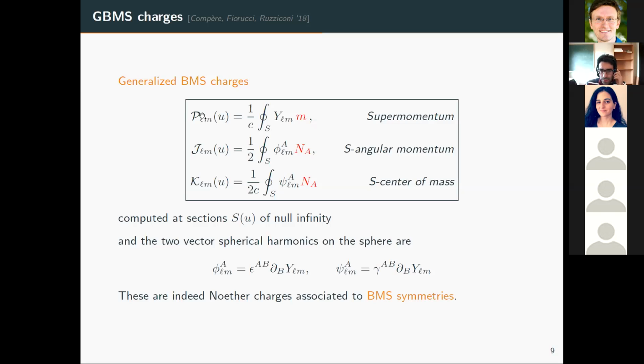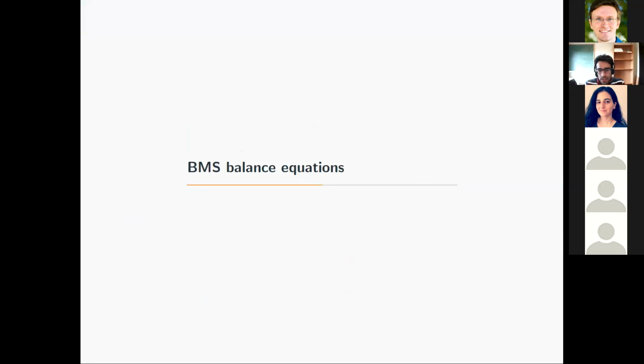So these charges are the Noether charges associated to BMS symmetries. But as you see here, clearly these surface integrals are not conserved quantities. Instead, they obey certain balance equations, and this is what I want to focus on in this section.